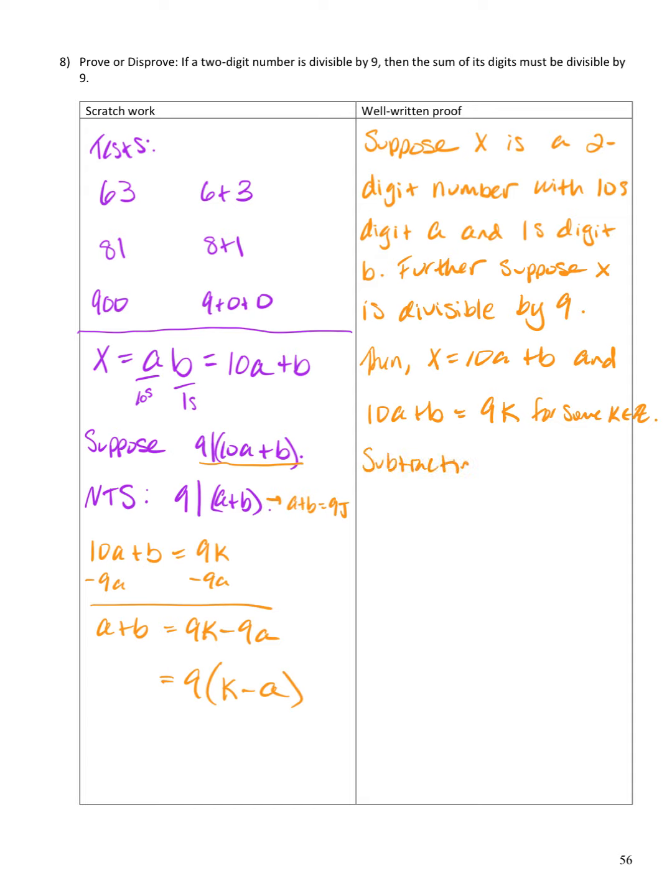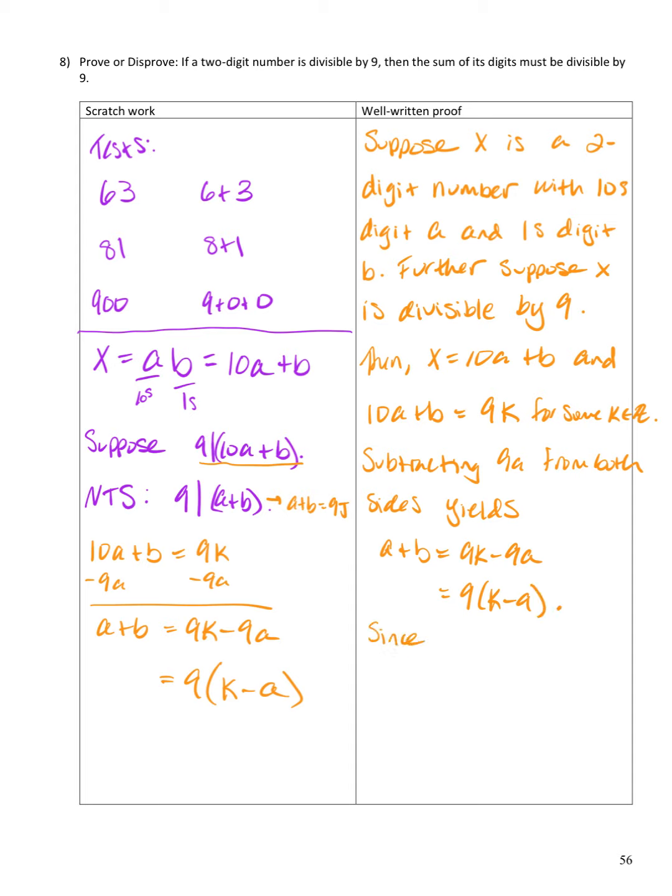Subtracting 9a from both sides yields a plus b equals 9k minus 9a, equals 9 times k minus a.